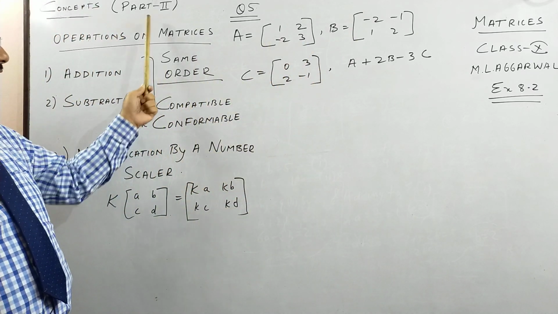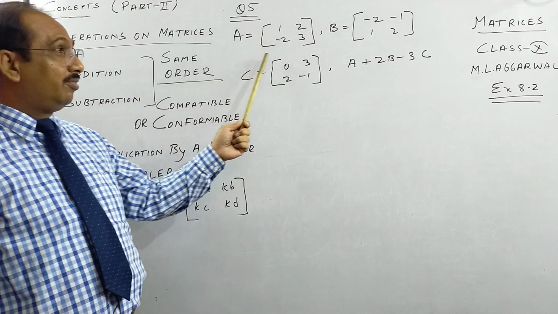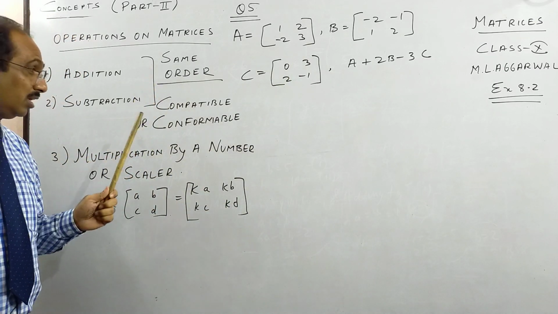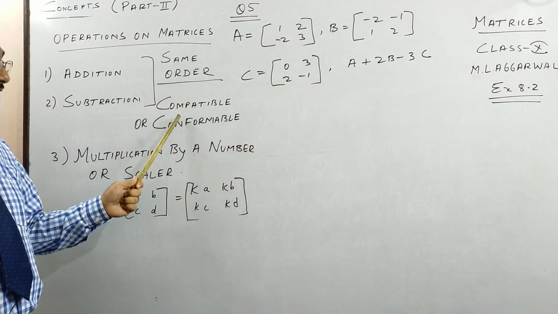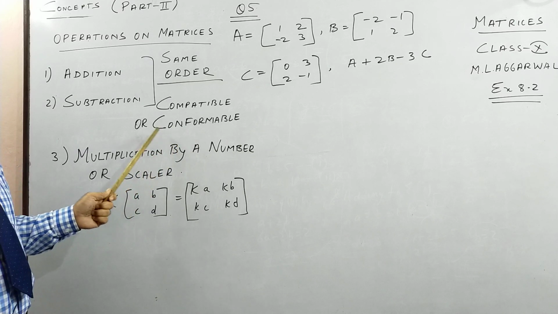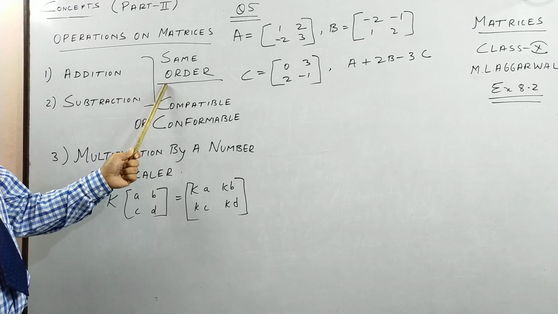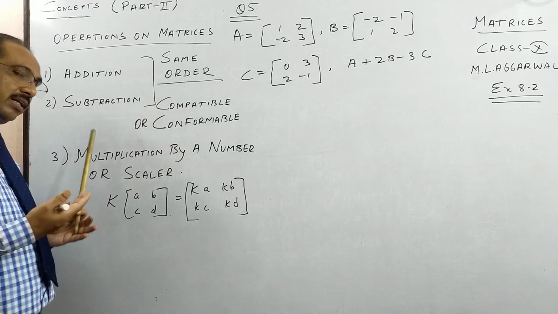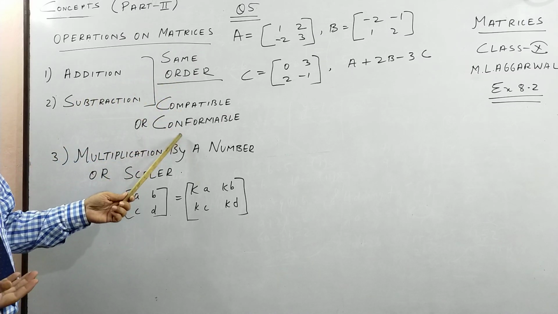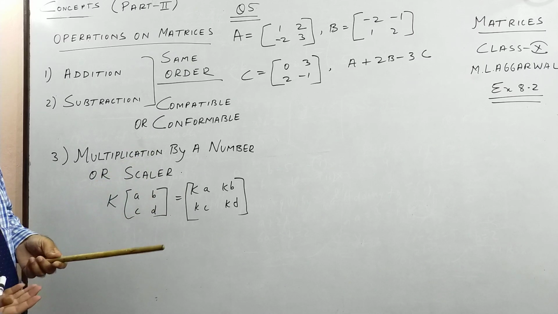In part 1 I told you what the order of matrices is, with rows and columns. If they have the same order, then only they are compatible or conformable. In simple language, if they are of the same order, they can be added or subtracted.